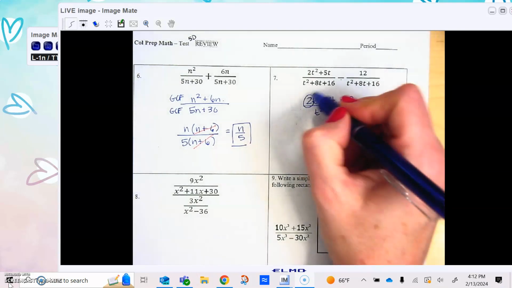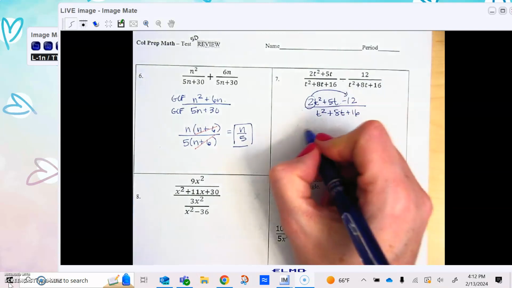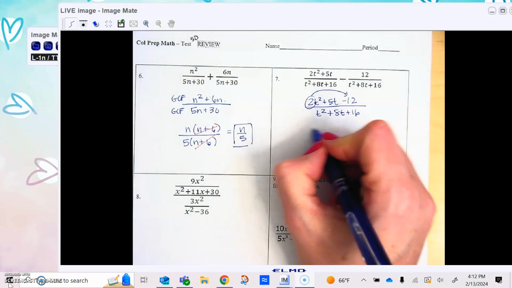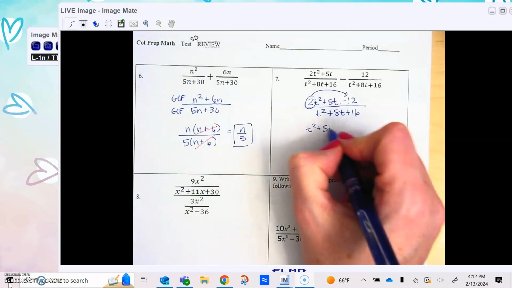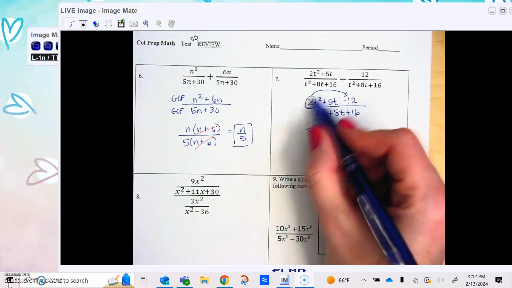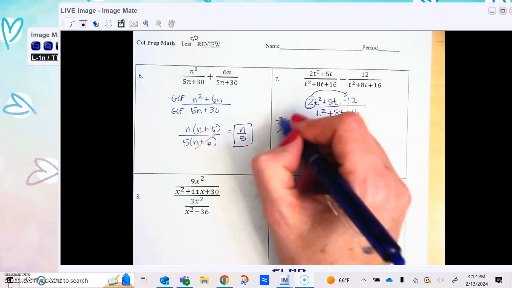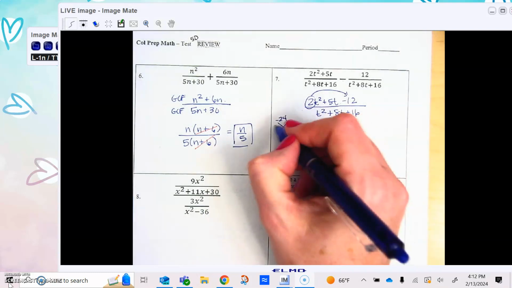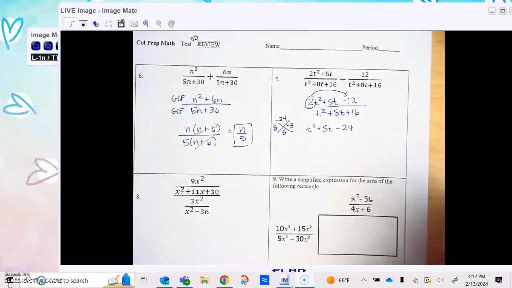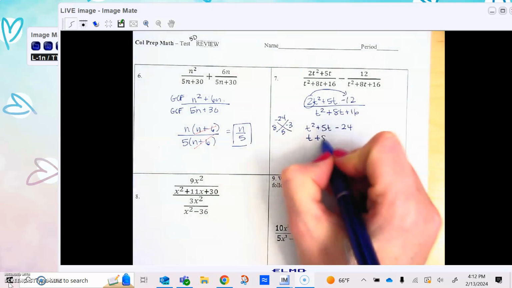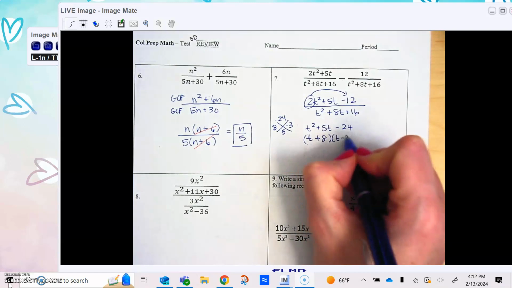So that gives me t squared plus 5t minus 24, the 2 times that 12. Now cross what multiplies to the last term and adds to the middle, and that is 8 and negative 3. So I have t plus 8 times t minus 3.